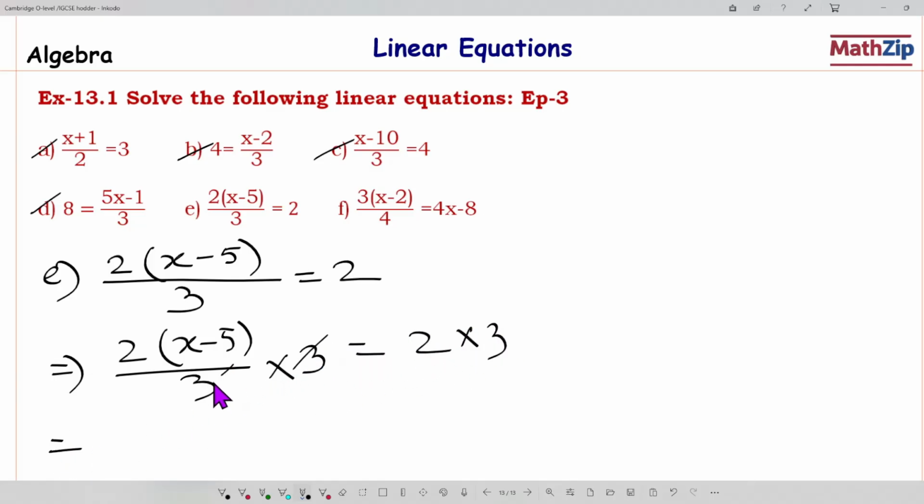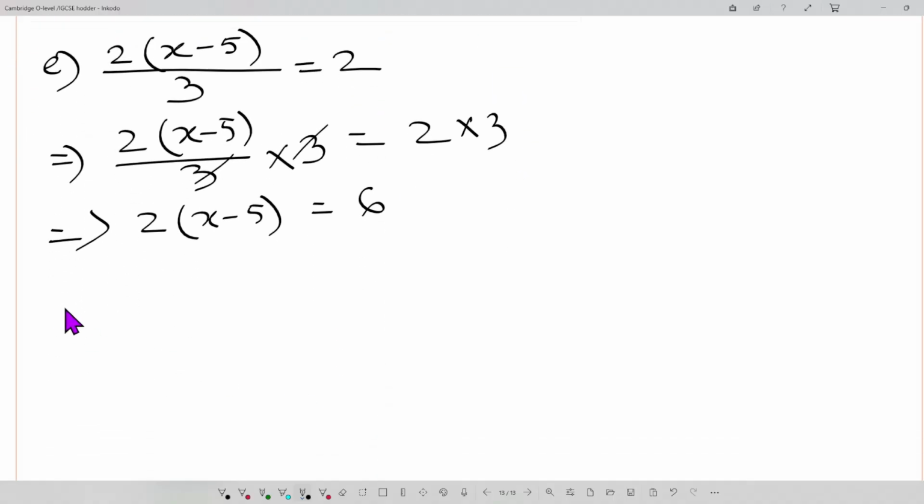So this 3 and 3 cancel out, so here is 2x minus 5 equals 6. Now we will divide both sides by 2, so (2x minus 5) by 2 equals 6 by 2.